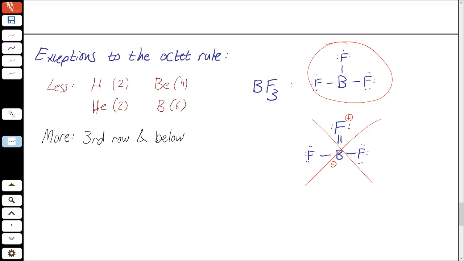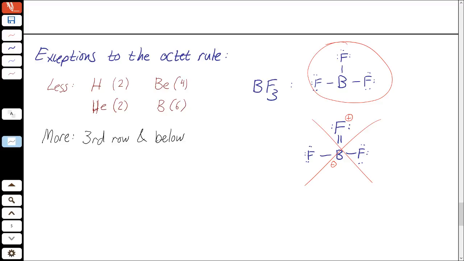Usually it's the nonmetals that we're dealing with, because this Lewis model, the localized electron model, doesn't work well with transition metals. So we're mostly talking about the main group nonmetals. Everything from the third row down can have more than an octet. So we often draw these Lewis structures violating the octet rule, having more electrons around those species in return for having neutral formal charges.